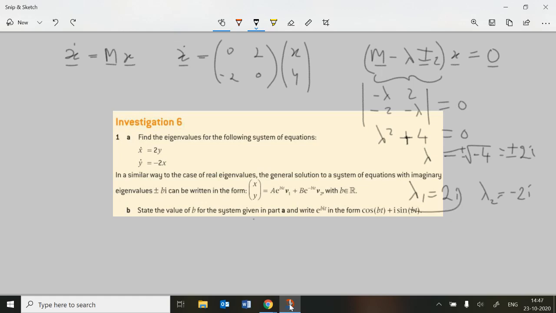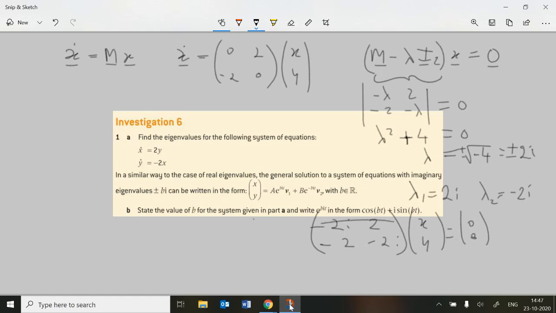So if I put in lambda 1 back into here, to work out the eigenvectors, we now can say we've got minus 2i, 2, and then minus 2, and then minus 2i here. We're multiplying that by x, y, and we're getting out the answer 0, 0.